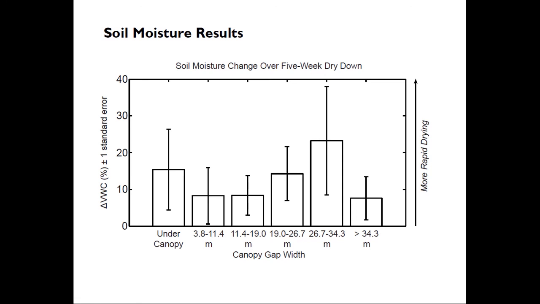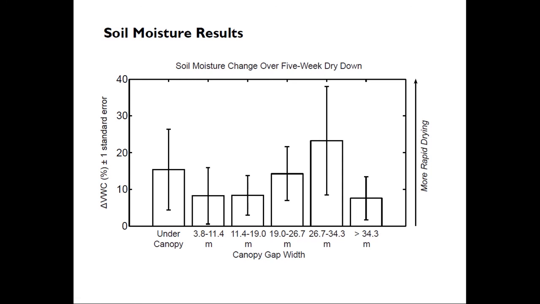soil moisture. And so what we looked at, based on the gaps we have, is change in soil moisture. So the higher the bars are, the more rapidly they dried. So bigger is drier here. And there's a lot of variability, but looking at points that are in gaps of different canopy widths, so this is under canopy, and then in the smaller canopy gaps, we had less rapid drying, whereas once we got larger, it increased.